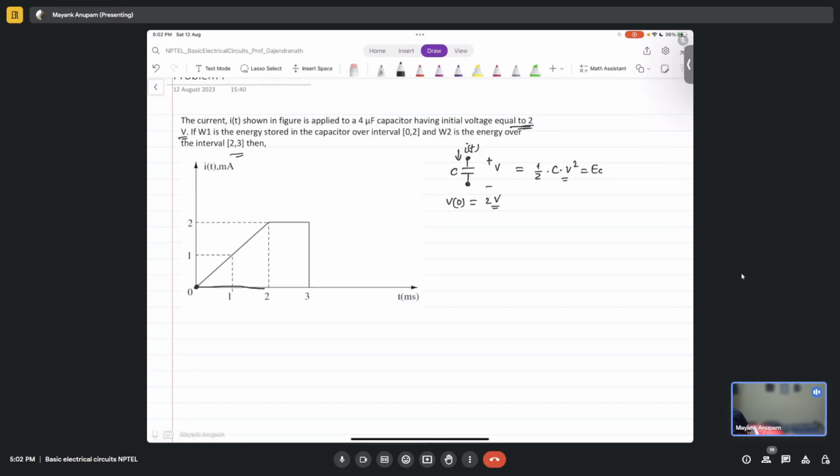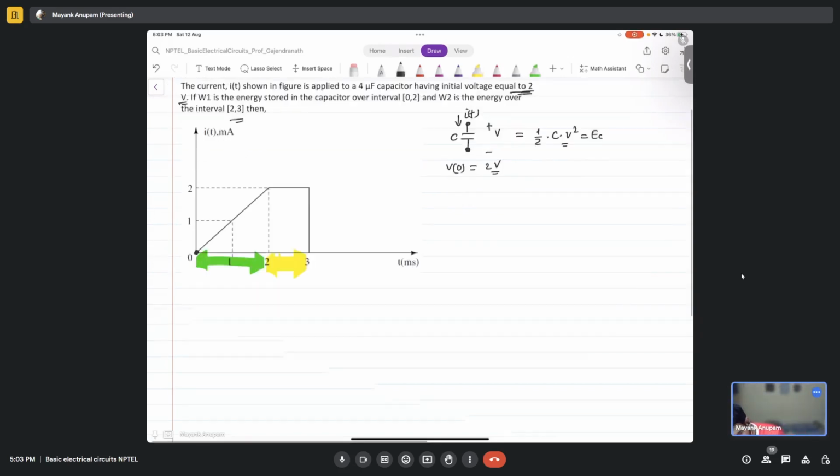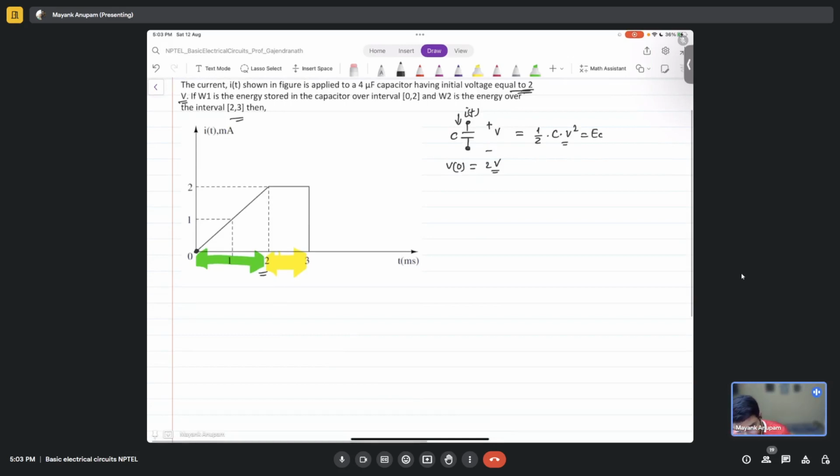In the interval 0 to 2, that is one interval, and this is another interval. Tell me, at the end of 2 milliseconds, what will be the energy stored in the capacitor? How will you find it out?